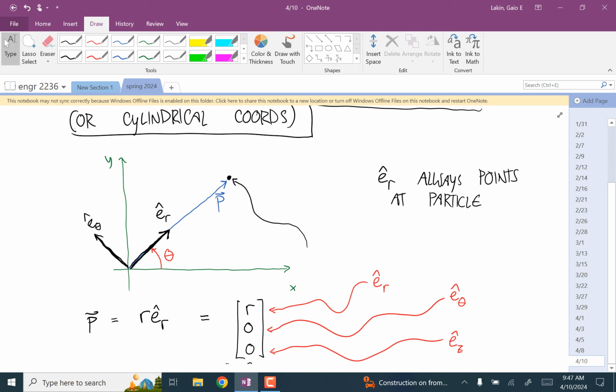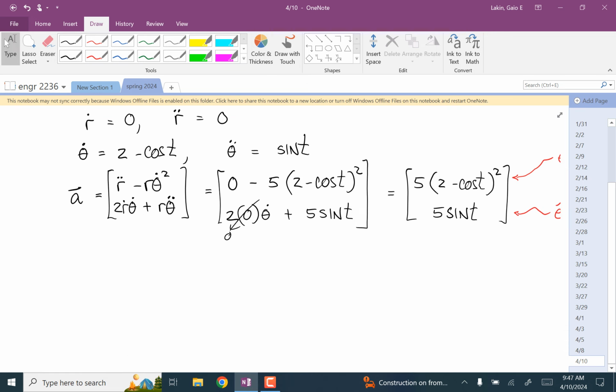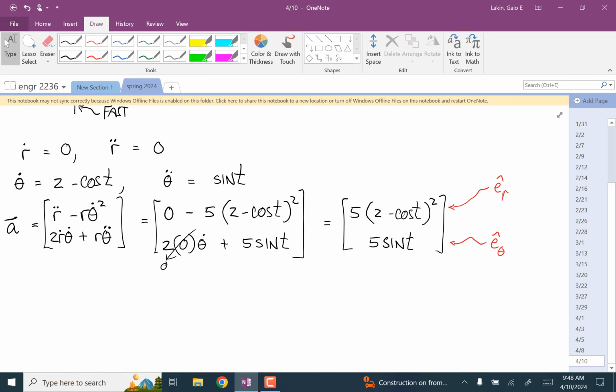Use a rotation matrix where the angle for your rotation matrix is just that theta. So what I'm trying to get at is, we have a vector that at every instant will satisfy Newton's laws. This is an inertial acceleration. But remember that at every instant, we're using a coordinate system with the r-axis pointed at the object. So you have to account for that rotation if you don't want it.